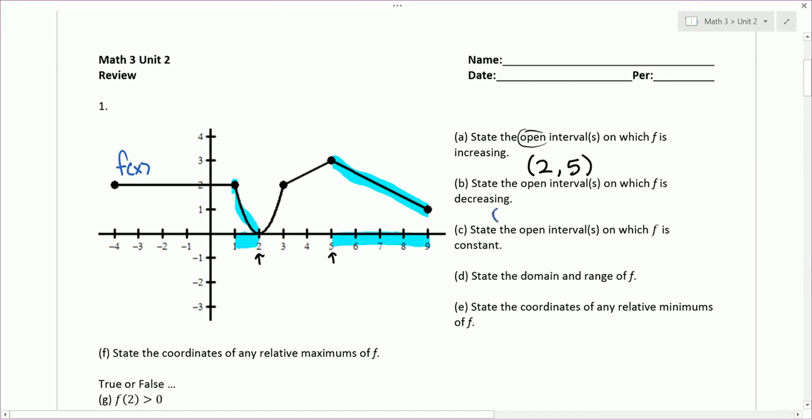So first interval, 1 to 2, so everything in between 1 and 2, even 1.1, 1.2, 1.3, and so on. And the other interval is going to be 5 to 9. Everything in between 5 and 9.